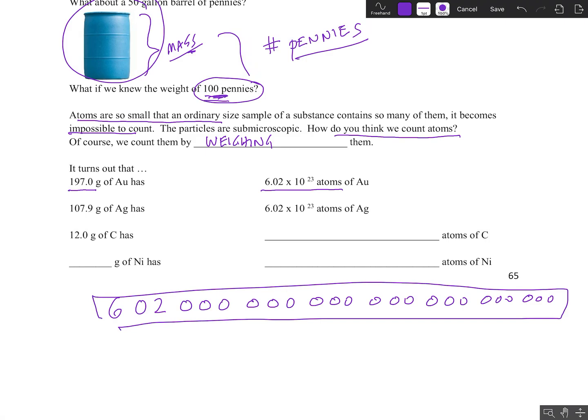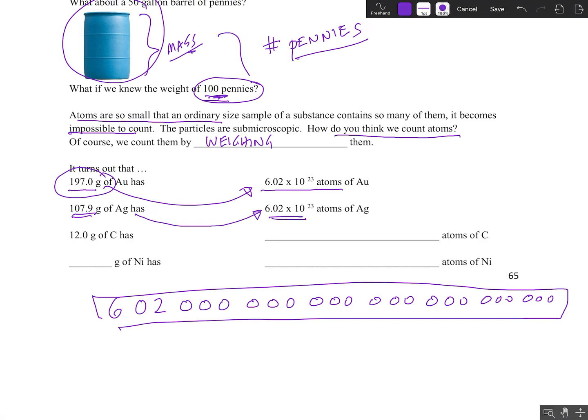So, if I weighed out 197 grams of gold, I would know it had 6.02 times 10 to the 23rd atoms of gold. Turns out that 107.9 grams of silver has that same number of atoms of silver. So I could count silver atoms by weighing them.